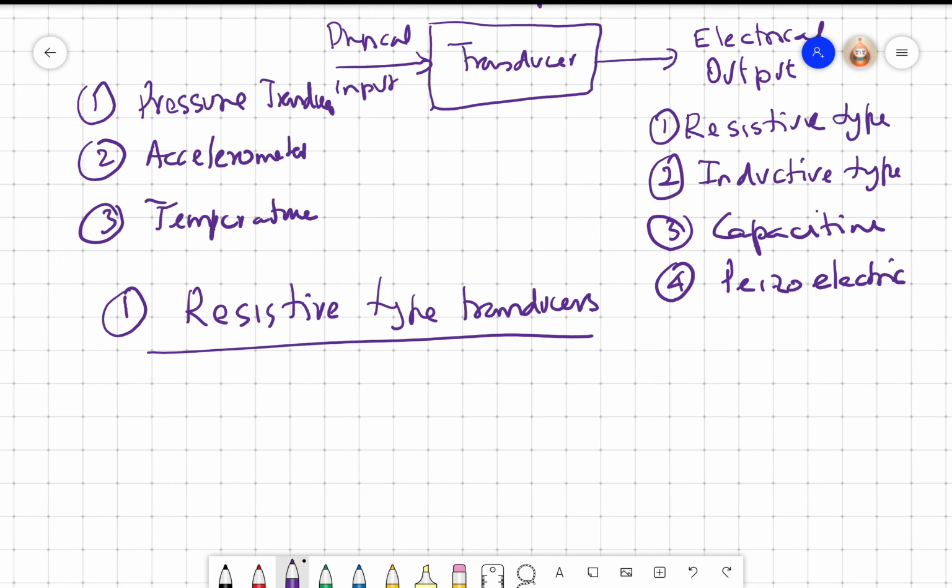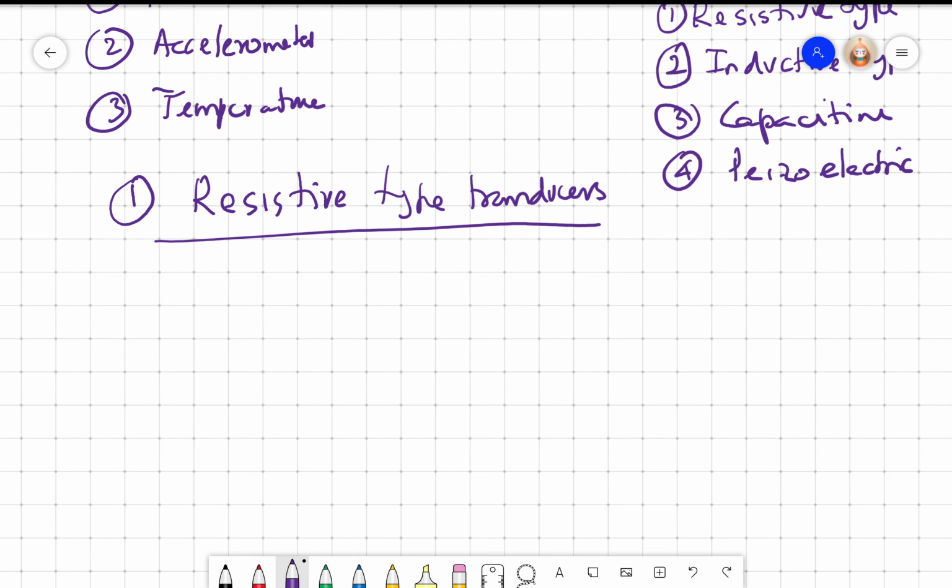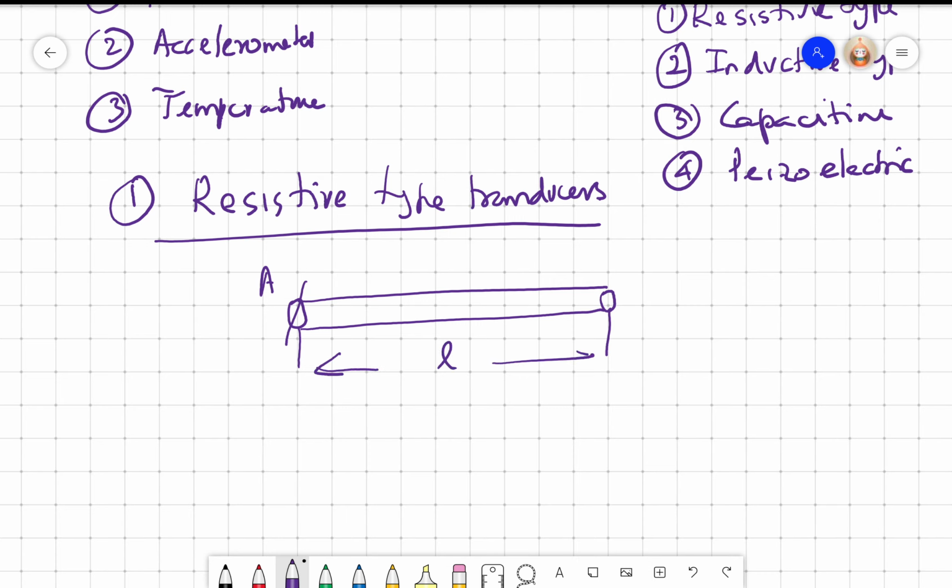Right. The resistive type transducers, if I look at a resistive wire, I take a wire whose cross section is A, the length is capital L, and resistivity is rho.